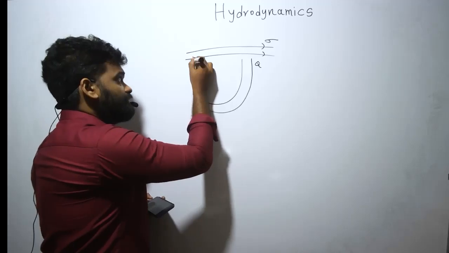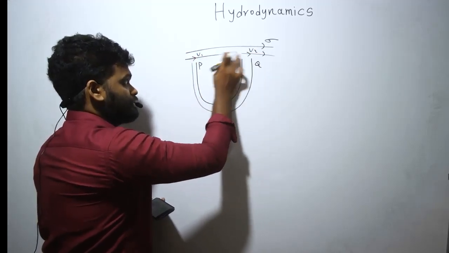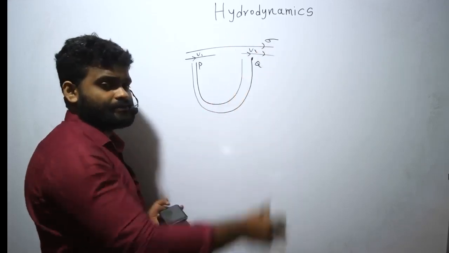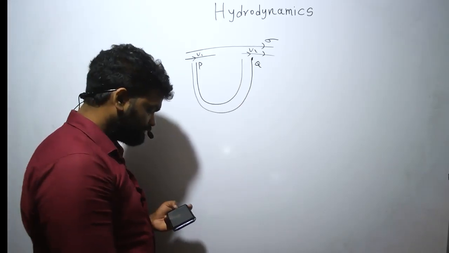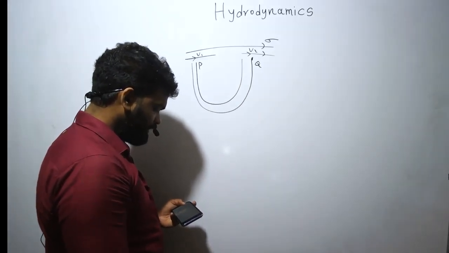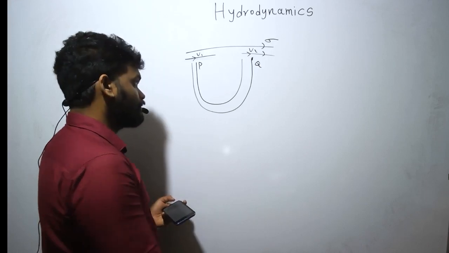They say the velocity of air stream here is V1, here is V2, right? Not the same streamline. Could be because of other reasons, right? The velocities are different. The difference in height between liquid levels at P and Q, the density of the liquid is rho.